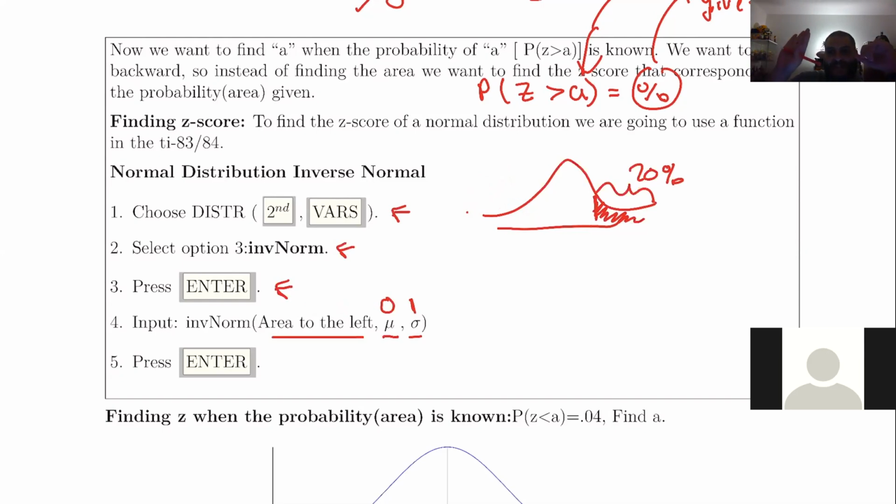If I know 20% is on the right-hand side, then the left-hand side should add up to 80%, because the total area should always add up to 1 or 100%. So if the area to the right is 20%, then the area to the left is 80%. And then it will give you this Z value that essentially is cutting off that 80%, or the bottom 80% and the top 20%. All right. Everybody go with that?